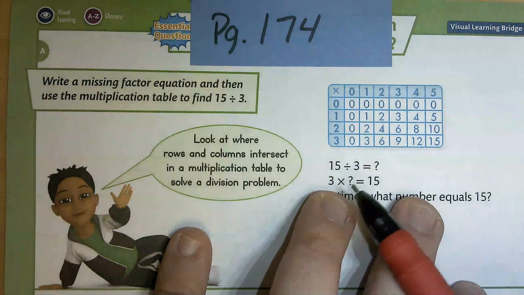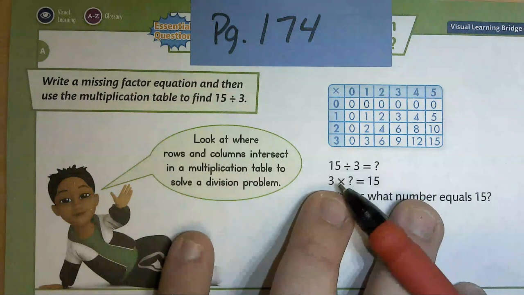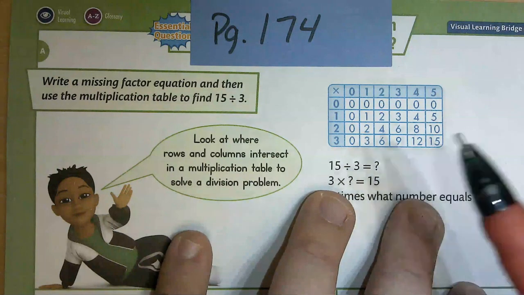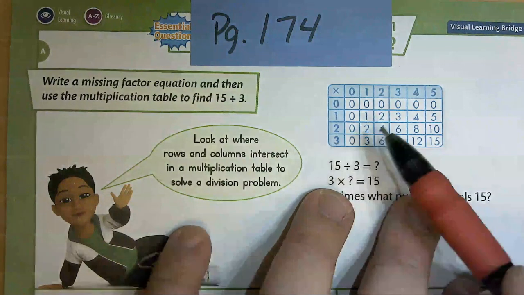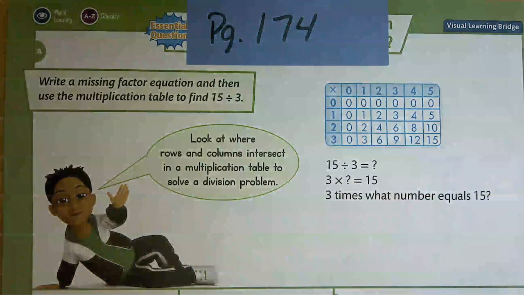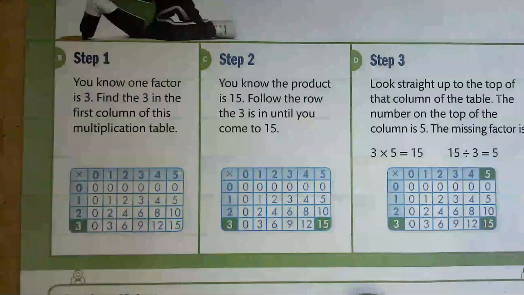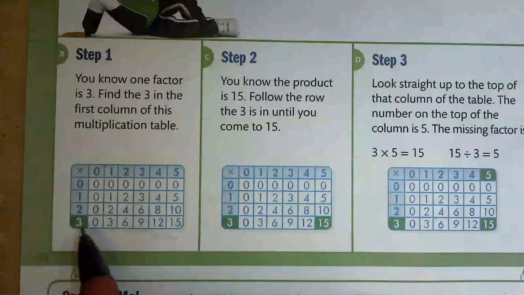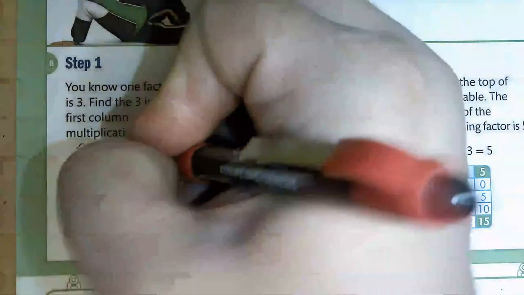And we already know we can flip this equation around into a multiplication problem and say 3 times what equals 15. All right, so that means I can start off here at my 3, because that is one of those factors, right? And so slide us down here. There we go. There's my number 3. So we're looking across here to find 15, because we said 3 times what equals 15.